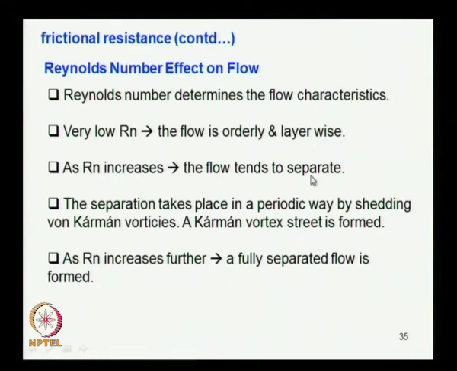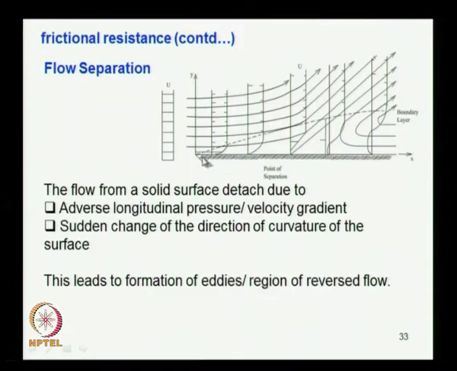We can see that even in the previous diagram, if you look at the local length, up to this point the length is small. So Reynolds number is small, flow is laminar. When you consider the length at this point, the length is large, Reynolds number is higher. So we can interpret the flow pattern with reference to the place where it occurs and the length at that point.